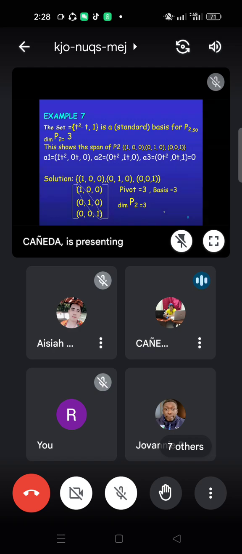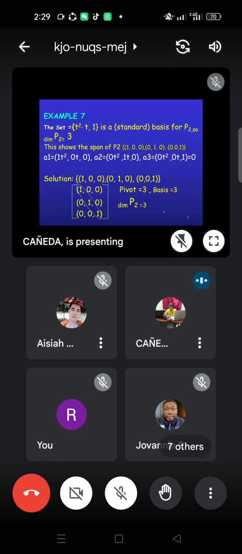For a2, we have 0 t squared, then we have 1t and 0, so we have 0 and 0. Then a3, we have 0 t squared, then 0, then our constant 1.